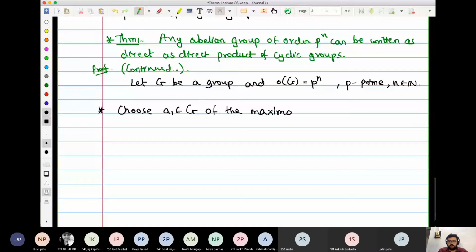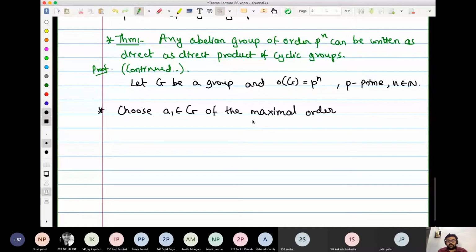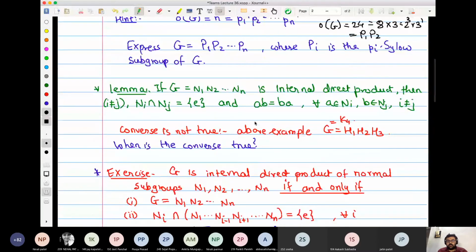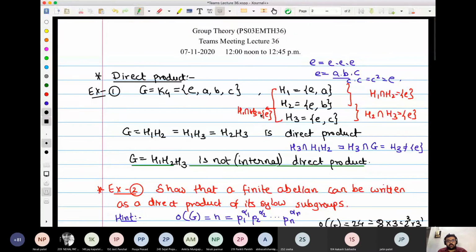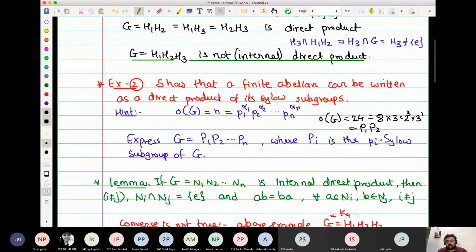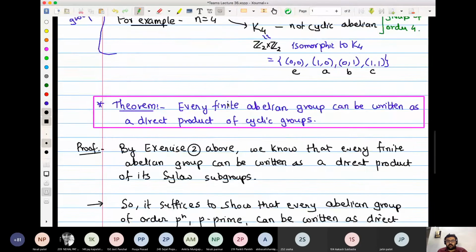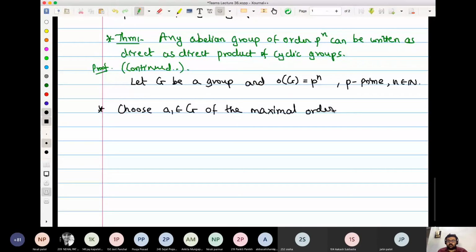I write maximal because there may be more than one element of the same order, for example in the Klein four-group. What is the highest order of any element? The identity e has order 1, a has order 2, b has order 2, c has order 2. So the highest is order 2. So which one to select? a, b, or c? You can select any one. So choose a1 in G which has maximal order.